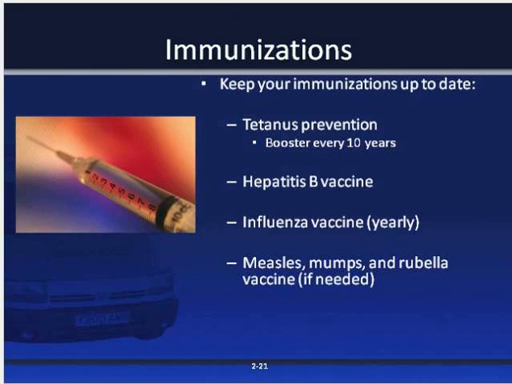Influenza vaccine. I'm sure you've heard a lot about the flu shots. These are given annually. They can be given in various forms. This past year, we had the H1N1 vaccines, which were given intranasal. They were also given IM or intramuscular.